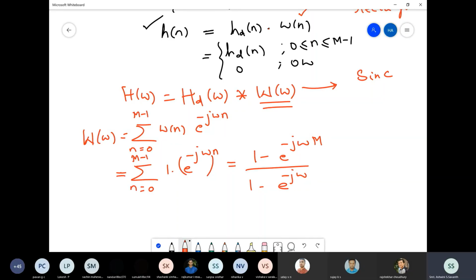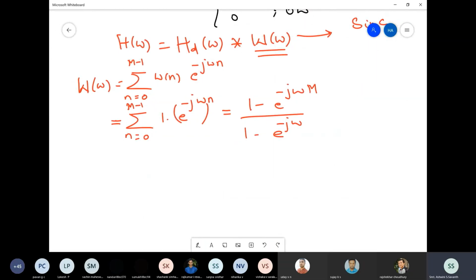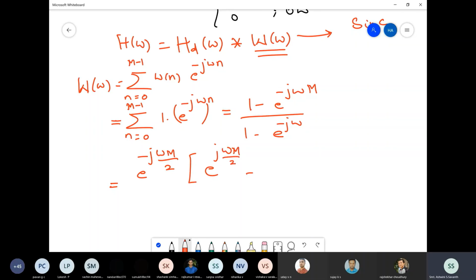So with this you cannot make out whether it's a sinc function or not. So what do we have to do? We have to simplify. So let us simplify that. We'll take e power minus j omega M by 2 as a common factor in the numerator. So this term will be e to the power plus j omega M by 2, correct? Minus e power minus j omega M by 2.